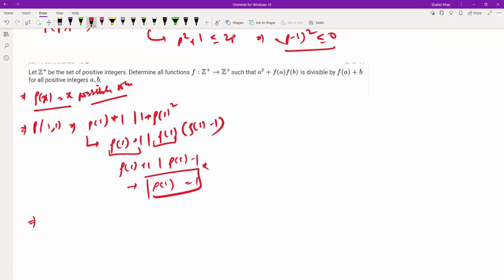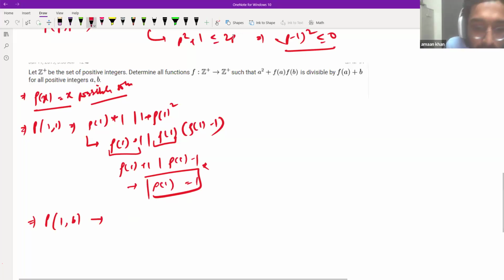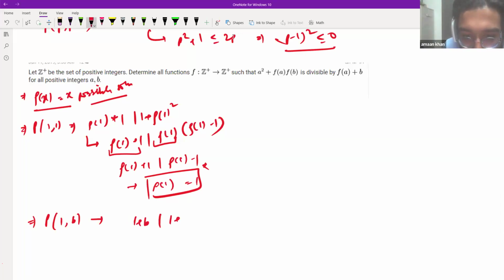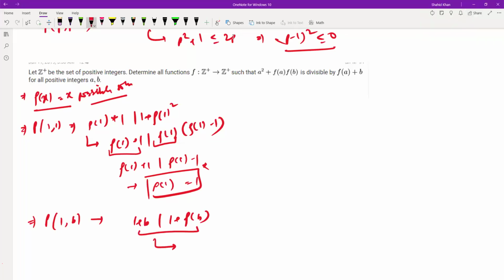So if we put a equals 1 and b equals b, we'll get that b is smaller than or equal to f of b. 1 plus b divides 1 plus f of b, right? You'll get this. So what were you saying from here? b is smaller than or equal to f of b.